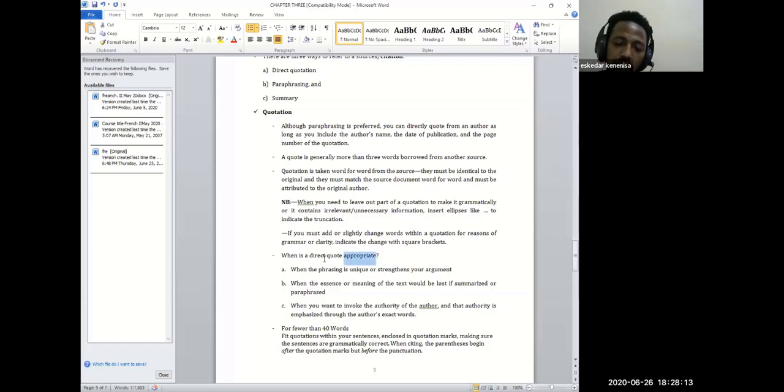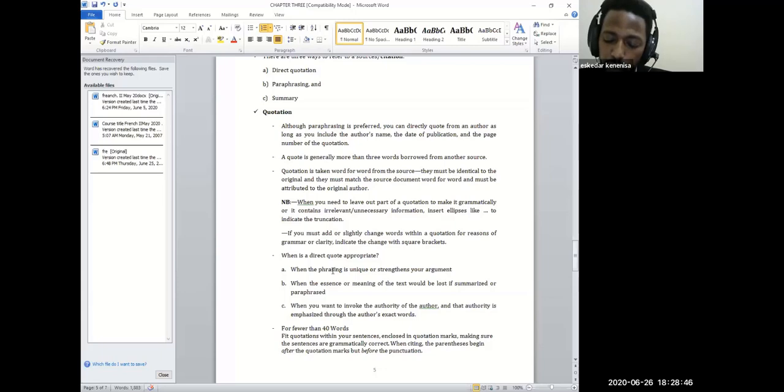First, it is appropriate if the phrasing is unique or strengthens the argument. If you think you are going to miss the message of the writer, or the strength of the writer's argument, it is better to put it in a direct quote than to paraphrase it.